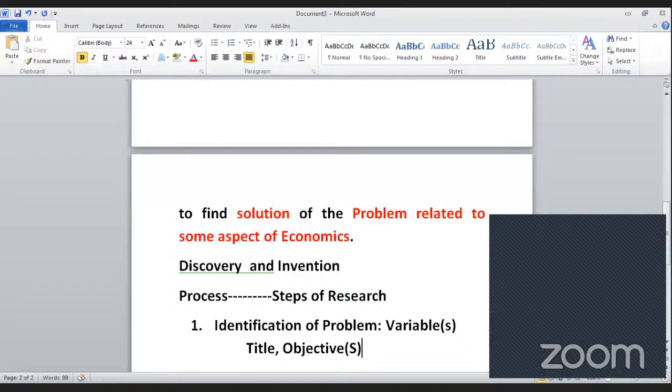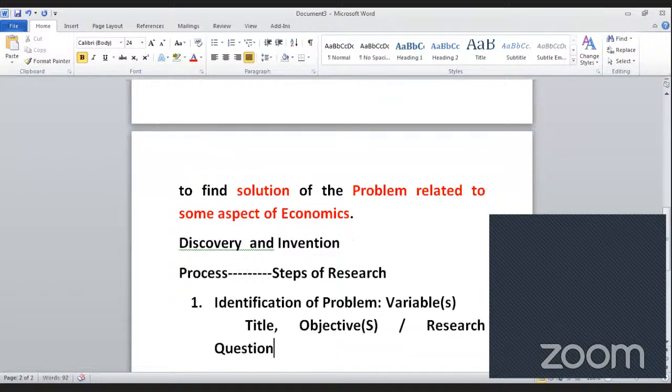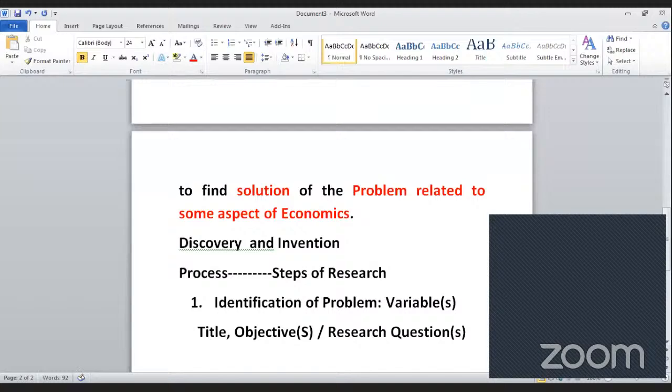In some of the researches, people do not want to write the heading like objective. They like to write research question. So if you like, you can write the objectives, or if you like, you can write the research question. The choice is yours.